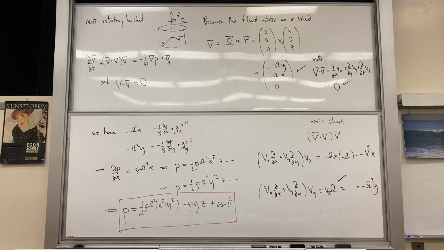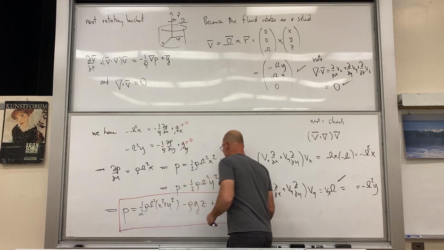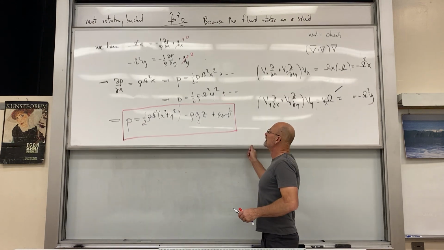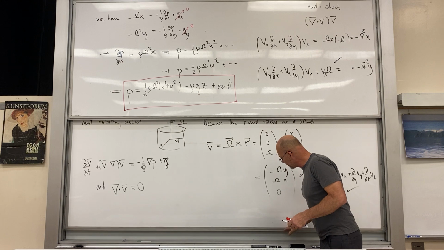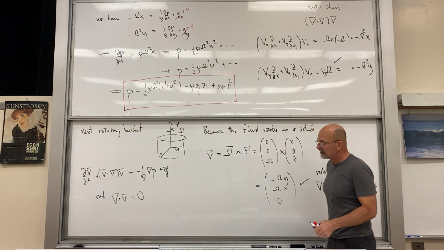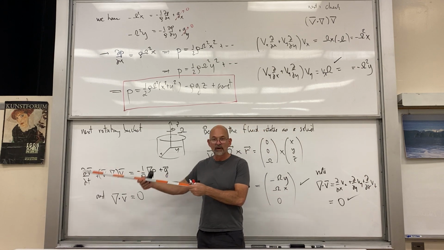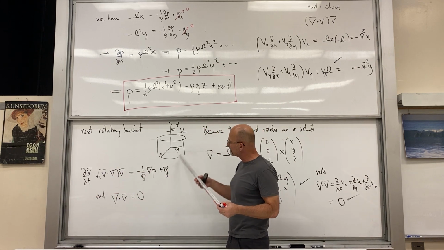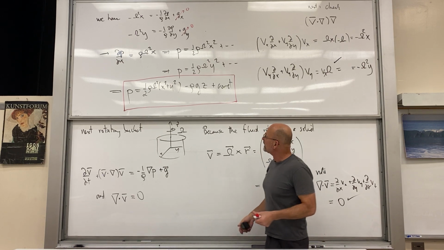Yeah, we're good. Okay, so we solved Euler's equation for the pressure because fortunately we knew what the velocity was. Okay, constructed it, found this, and we're able to now solve for the pressure.